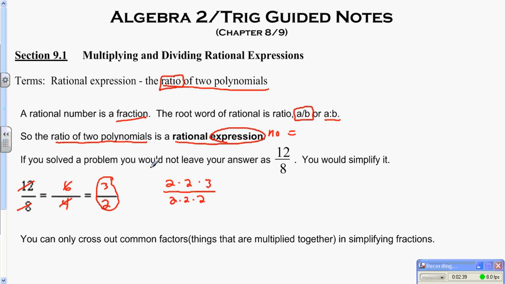Notice everything's being multiplied, which allows us to cancel these out, which leaves us with 3/2. That's another way to simplify a fraction. But it is this right here that we're going to need to remember to help us through rational expressions.